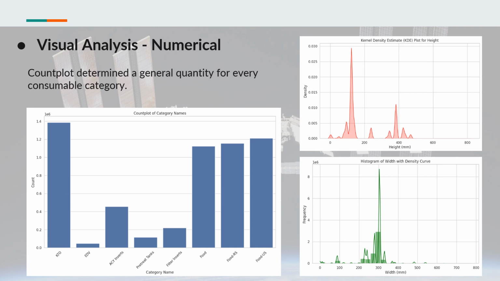For this one we used the category names and looked at a very high level, nothing in particular, at the quantity for every consumable category to see a rough estimate of how many were there. And we also had a density to height plot graph and a histogram of width with density curves.